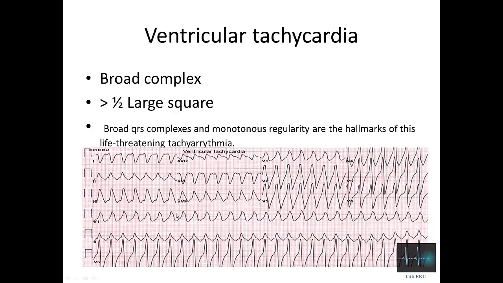We will come to that in the next slide. But as you can see, they are very regular. They are monotonously regular, and that's the hallmark of ventricular tachycardia. By the way, this is a life-threatening arrhythmia, and you would need to defibrillate these patients.